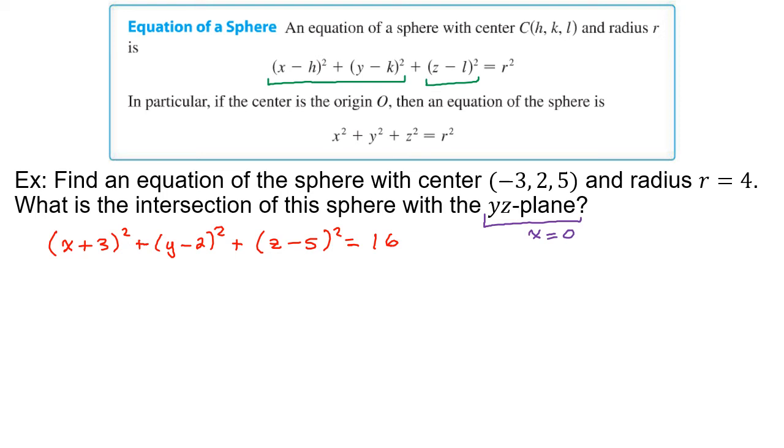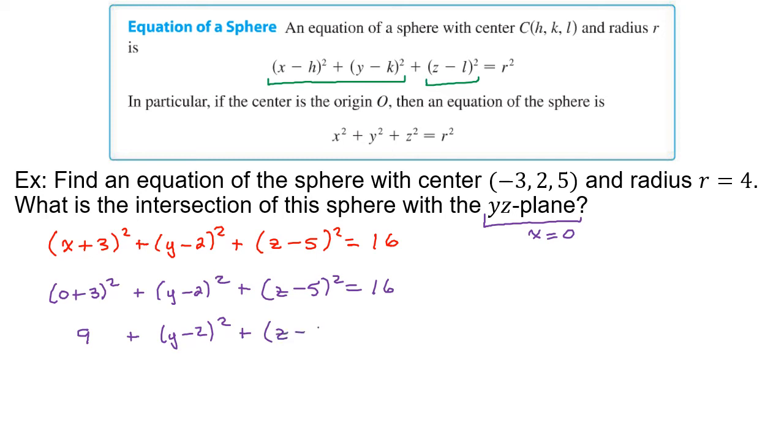So if X were 0, I would have 0 plus 3 squared plus y minus 2 squared plus z minus 5 squared equals 16. So this would be a 9 left over on this side. And if you subtract that 9 over, you'll get y minus 2 squared plus z minus 5 squared, and 16 minus 9 is 7. So this is your intersection.